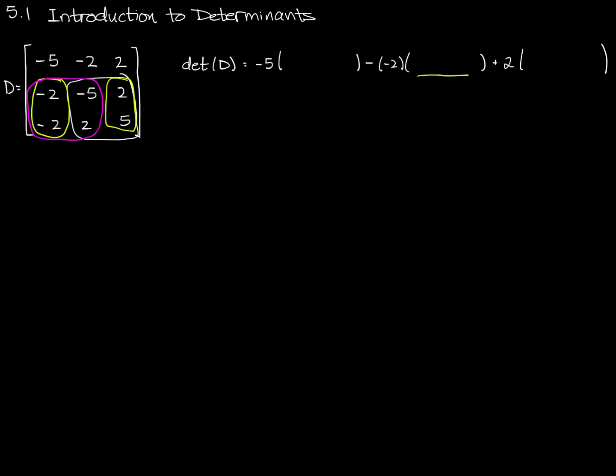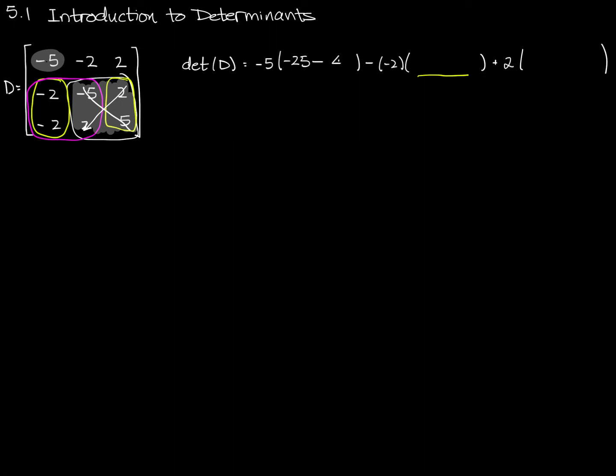Okay, let's see. I can do that kind of on the fly, and that's what I'm going to do this time. I haven't done it this way before, but I'm going to do it that way this time. I'm going to take this -5, and I'm going to multiply it by the determinant of the matrix you see here. That means multiplying those 2 numbers to get -25 and subtracting this product here.